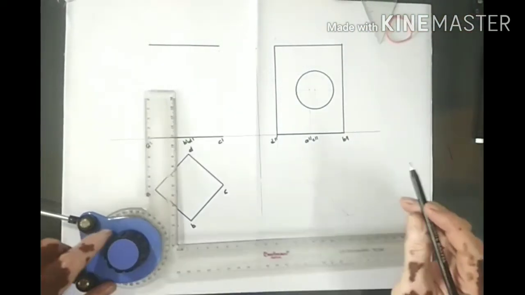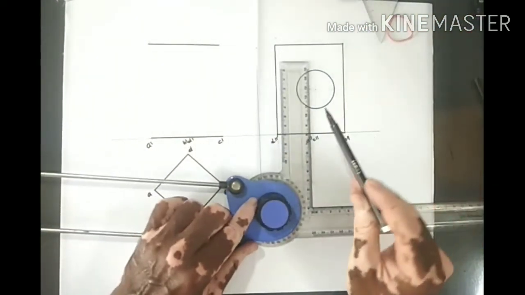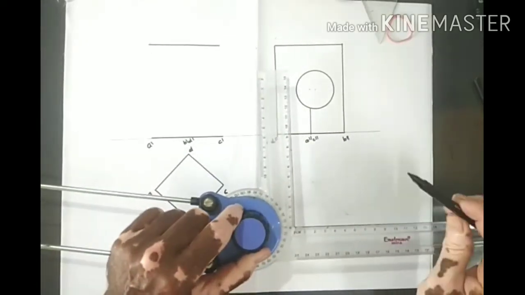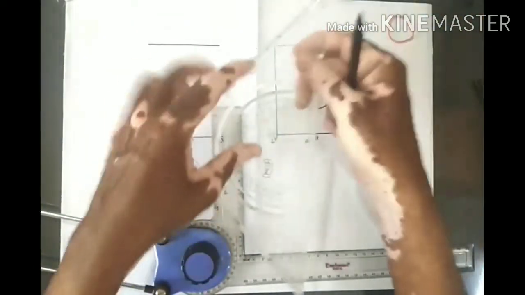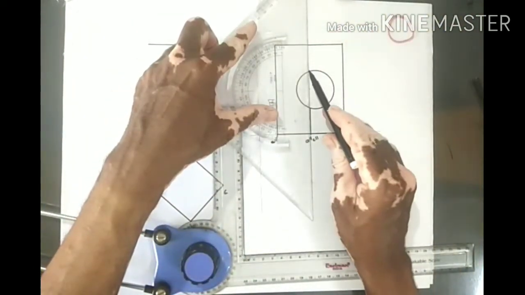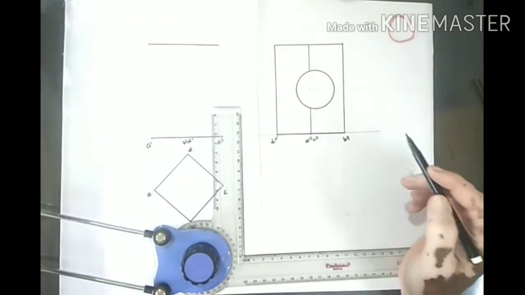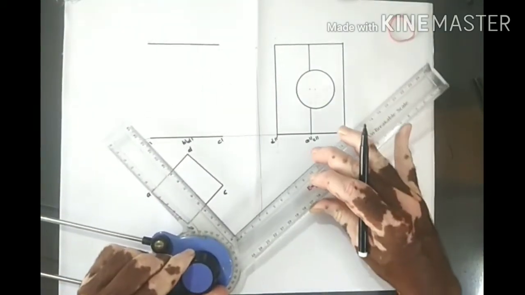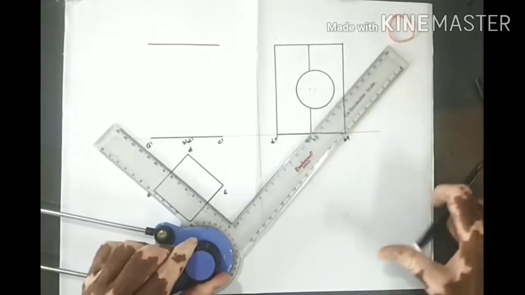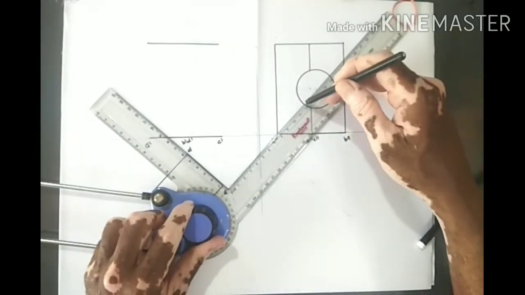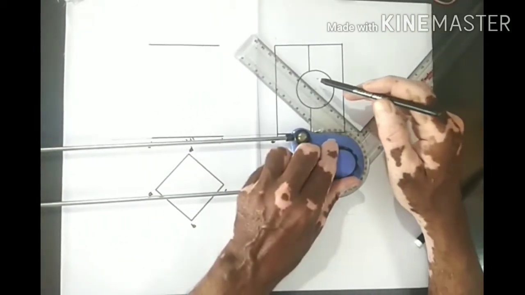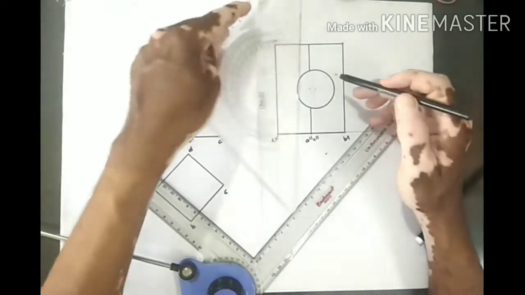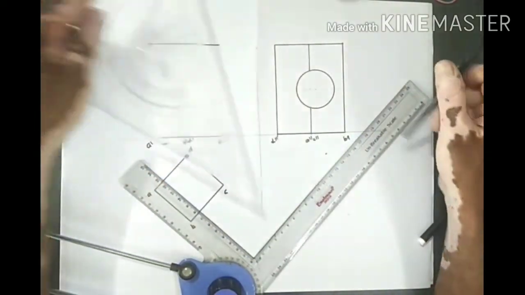Then divide this circle into, and this prism will be like this, longer edge, this longer edge. Divide this into 8 number of equal parts, division of cylinder, 8 number of equal parts, so one angle will be of 45 degree.